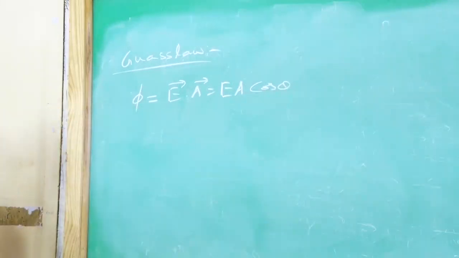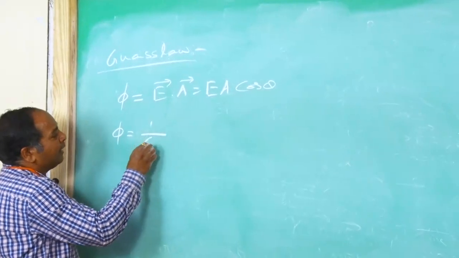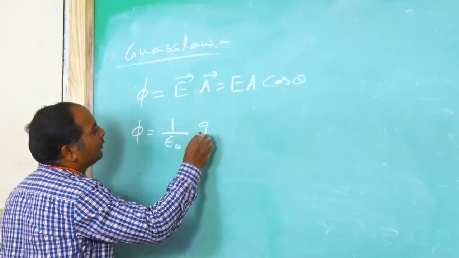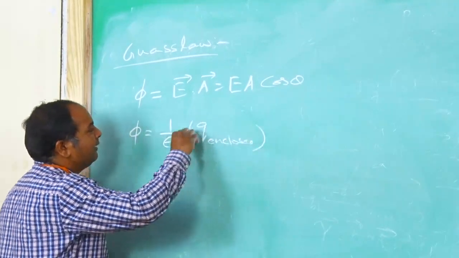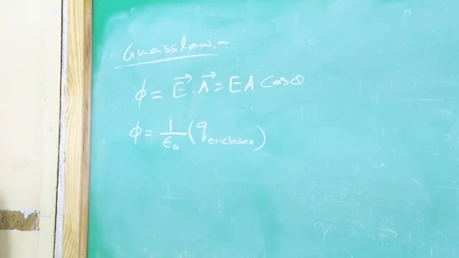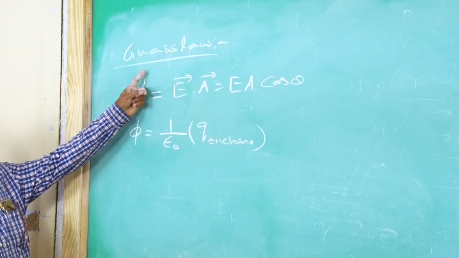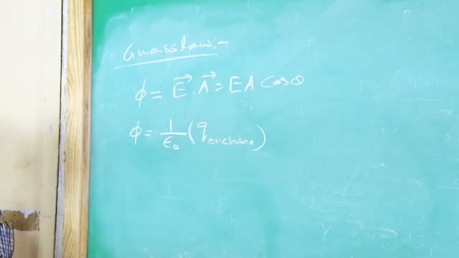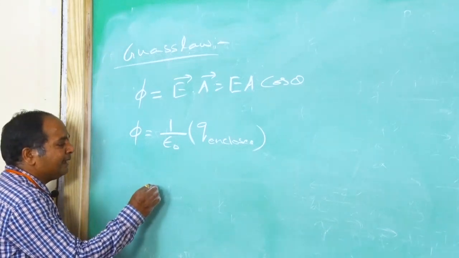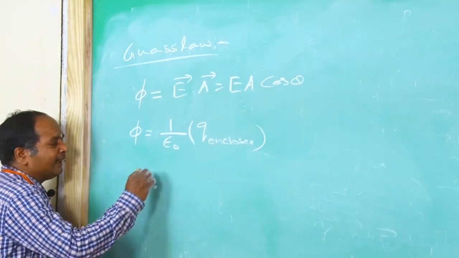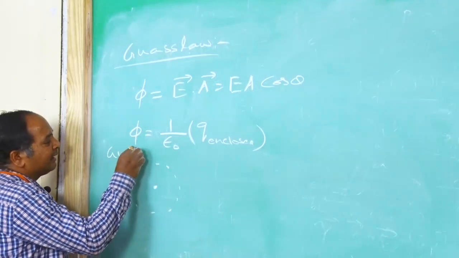Here according to Gauss law, the flux is 1 by epsilon naught times of the charge enclosed in the given area. So, to apply the Gauss law, first of all, you should create the Gaussian surface. That means, suppose here one sphere is there, then you should create the Gaussian surface like this.